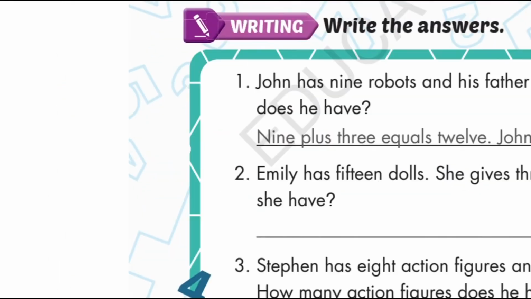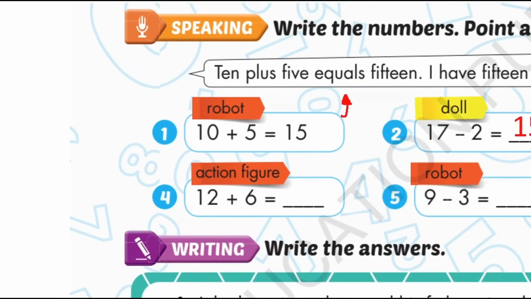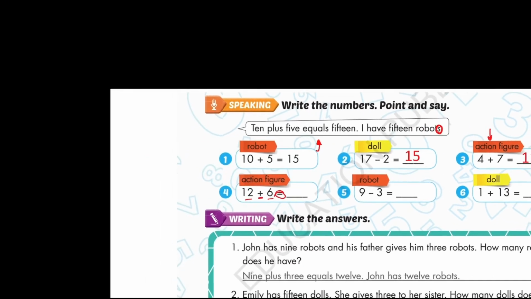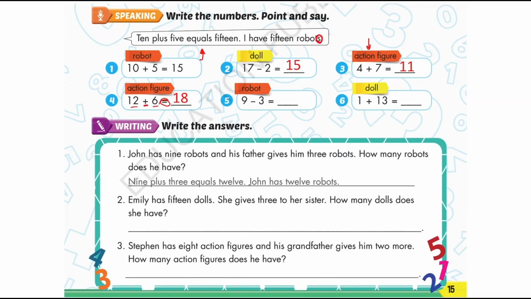And 4. 12 plus 6 equals 18. I have 18 action figures. 5. 9 minus 3 equals 6.